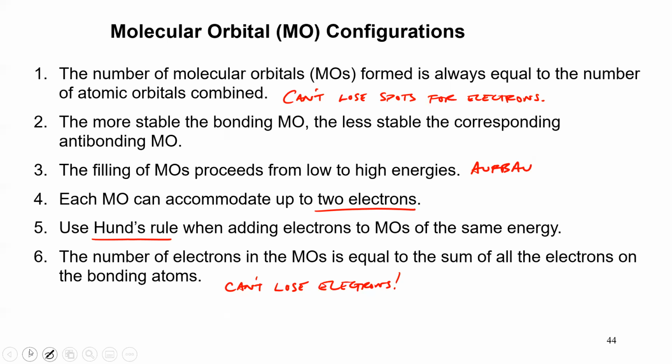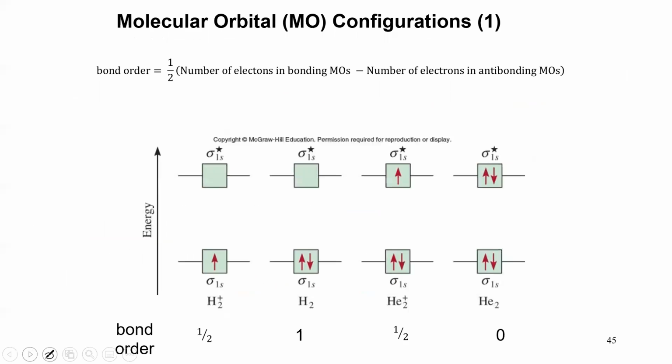All right, so for n equals 1, the molecular orbital diagrams look real easy. So we've got some molecules here, H2 plus, H2, He2 plus, and then He2. And so we move from 1 to 4 electrons as we go on this path here.